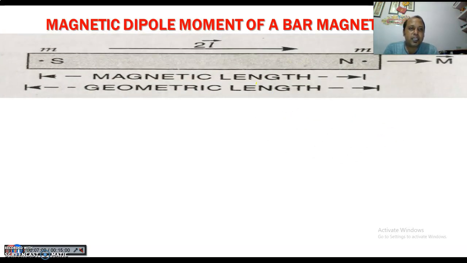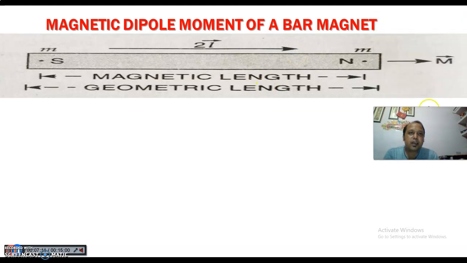See, we have taken a diagram for this bar magnet. You can see here it has a south pole and a north pole, which are separated by a distance of twice L. Don't get confused, the arrow should be from the south pole to the north pole, and the total distance from the south pole to the north pole, that is the magnetic length, is 2L. Now the pole strength is given by small m.